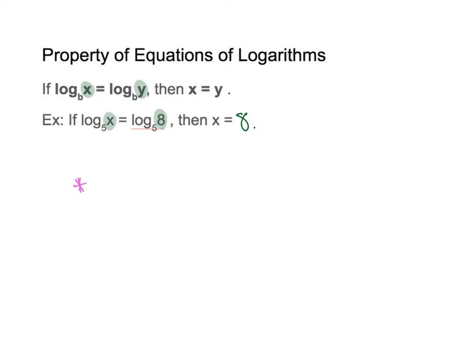If you remember in the first few slides, we talked about what logs can't take in, and that was zeros and negative numbers. So whenever you solve for a log, you have to check the answers. Any log problem you do, you need to check your answer.